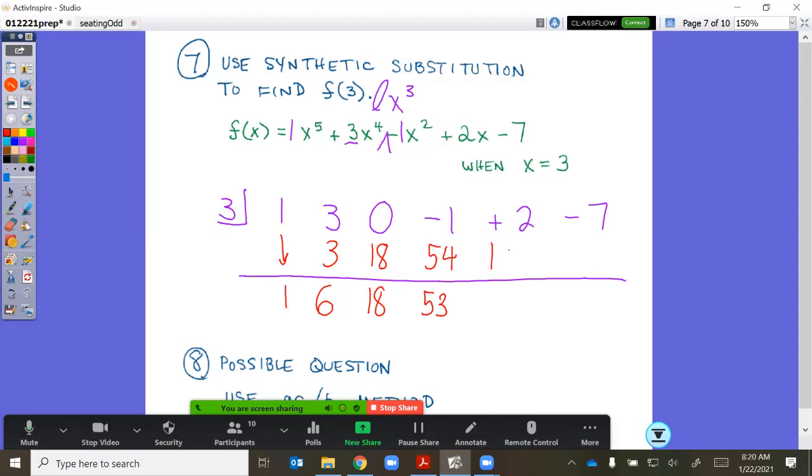Okay, 161. 161 times 3 is 483, because 16 times 3 is 48, so 480 plus 3. And then minus 7, I'm going to get 476. So if I were to plug in 3 into that polynomial, it would pop out 476.